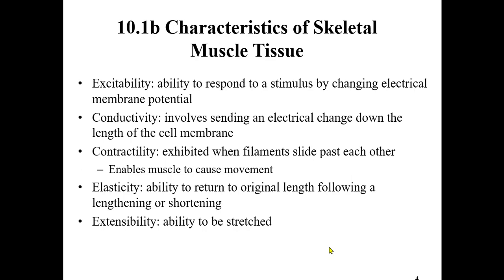Electrical being the nervous system, and chemical being the endocrine system through hormones. If you learn this well and understand it, it will carry over quite well into A&P 2. So yes, muscles can be stimulated electrically and chemically.